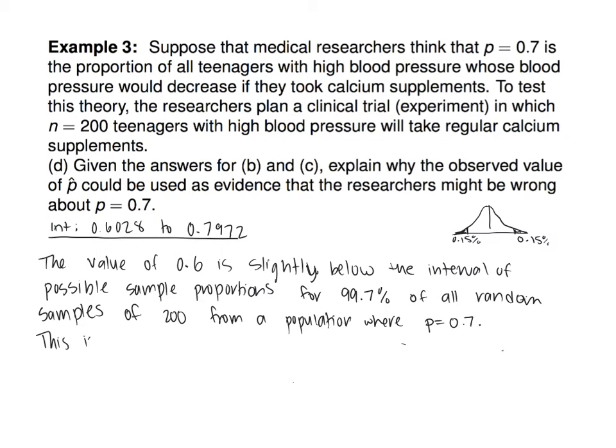This is unusually low, suggesting 0.7 may not really be the true value for p.